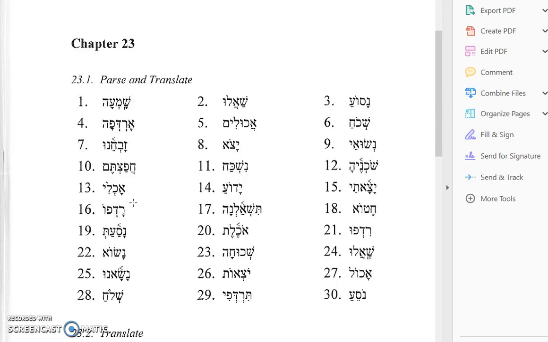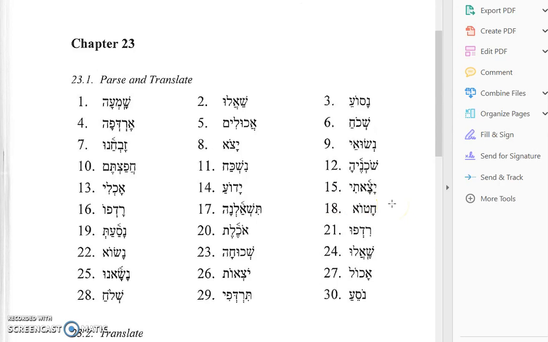Or it could be an object, something consuming me, something eating me. And then yadoa, qamets, holem vav, that's the infinitive absolute having to do with yada, to know. Knowing, continually knowing, surely knowing, depending on exactly how it is used as an infinitive absolute.